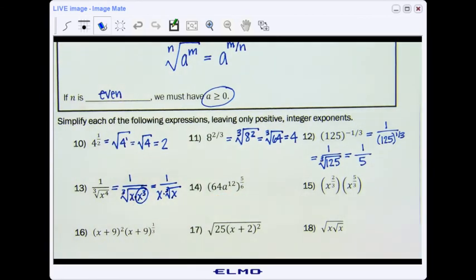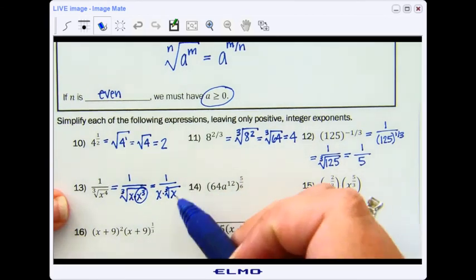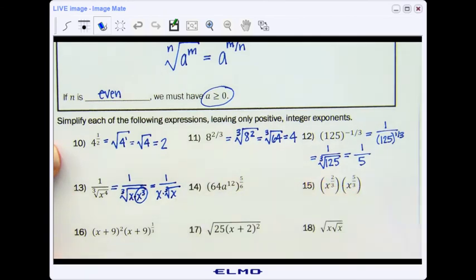In the next video, we'll talk about what you do when you have a radical expression left in the denominator of a fraction.